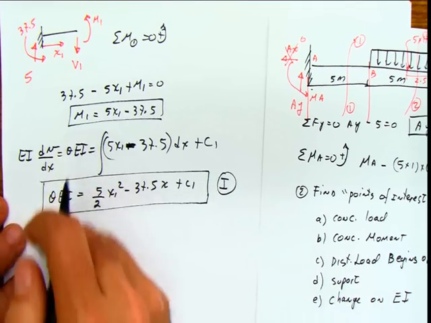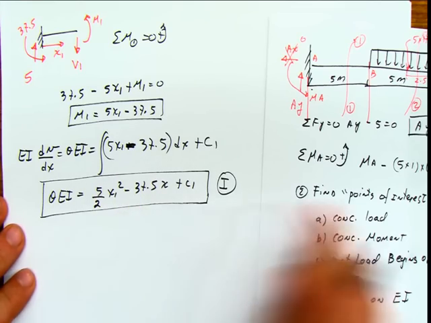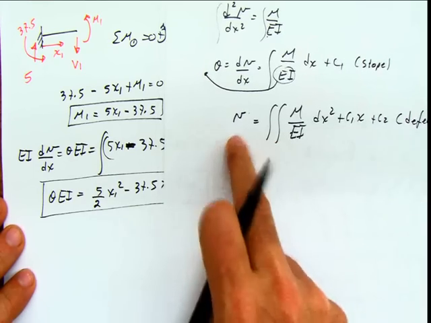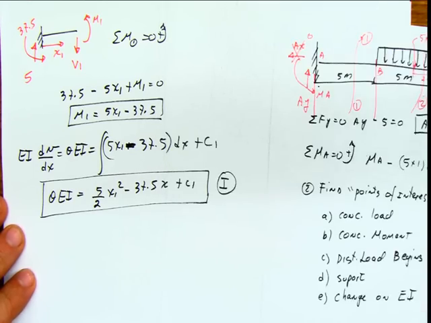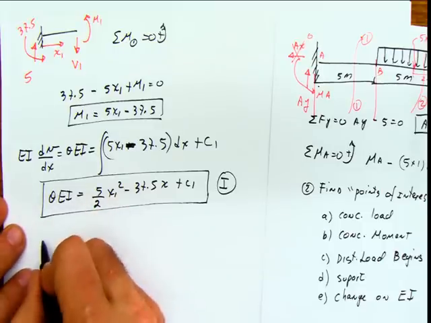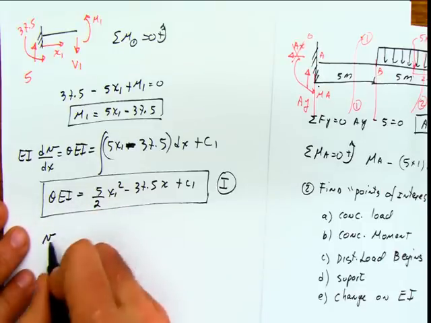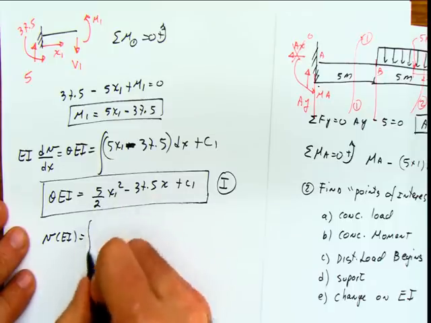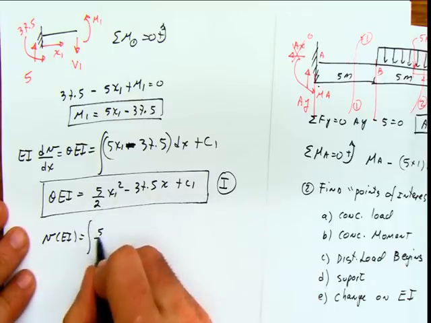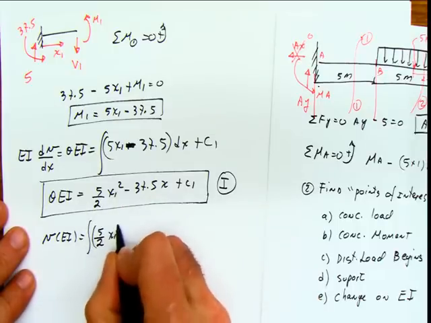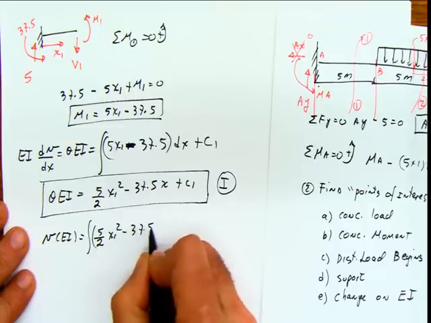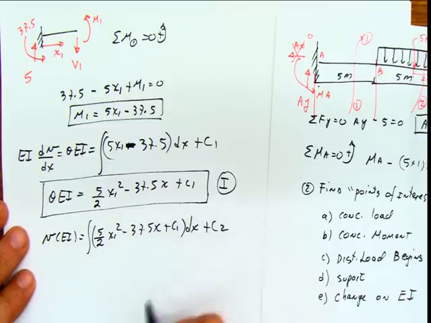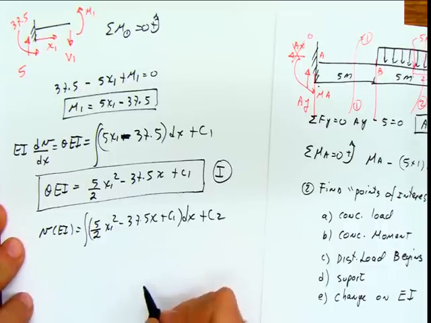On top of that, I'm going to do the integration again to get the double integral, because the double integral is going to give me the deflection. So if I do the double integral, I'm going to get my deflection multiplied by EI also, of course. It's going to be the integral of this plus another integration constant, c2.